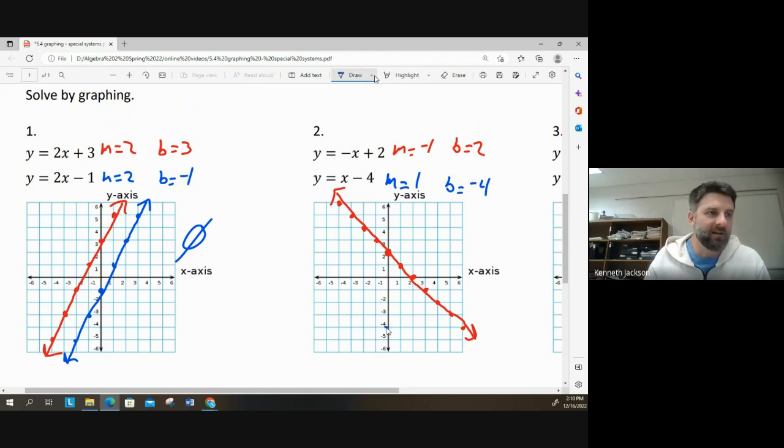So my first point is down here at -4. And then I can use the slope, which is up 1, right 1, up 1, right 1. Now I can stop here because I found what I'm looking for. I found the point where the two lines cross. This ordered pair is 3, -1. Those lines cross at 3, -1. 3, -1 is the solution. So we have no solution. They don't cross at all. We have one solution. That's what we would typically expect, the point where they cross.